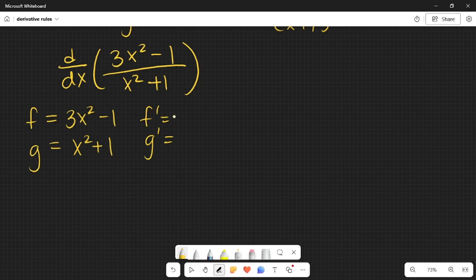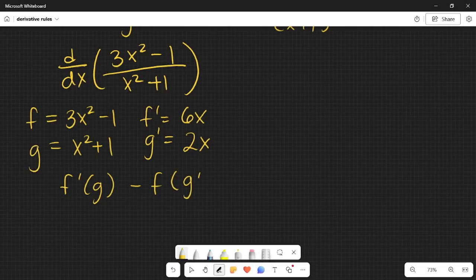The derivative of f is 6x, and the derivative of g is 2x. We're going to put it in the formula once more: the derivative of f multiplied by g minus f, the derivative of g, over g squared. The derivative of f is 6x.